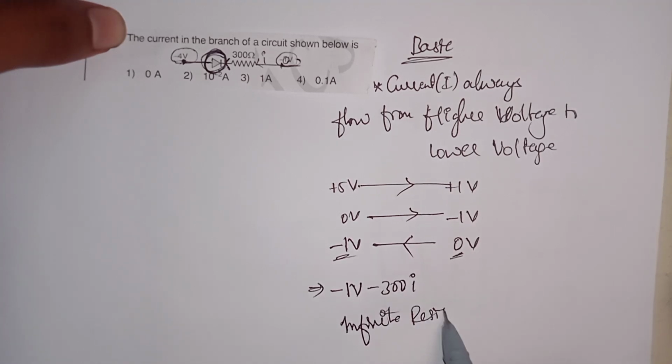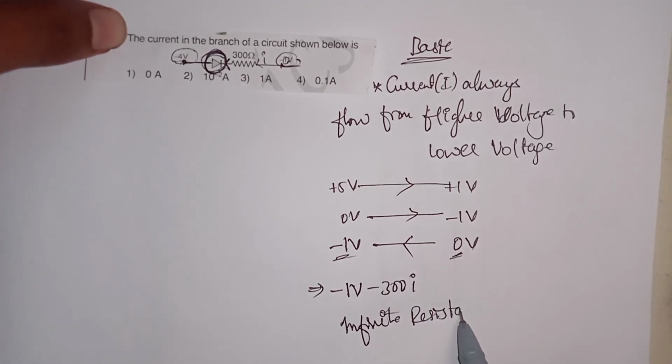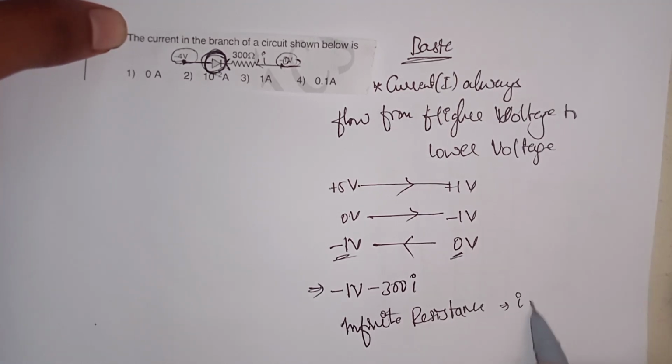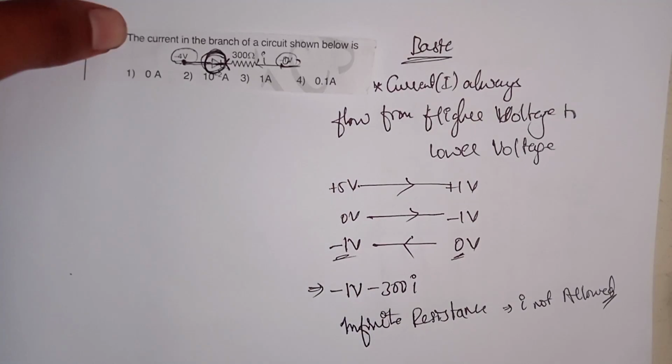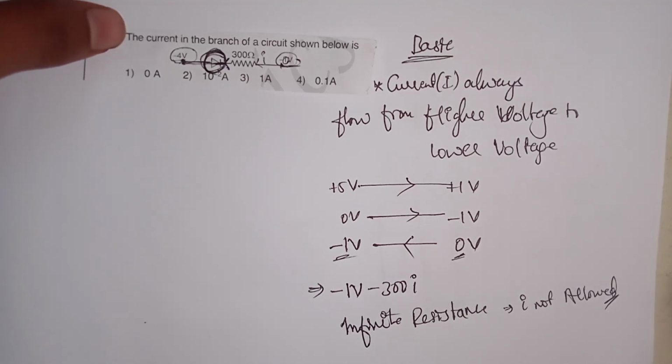Infinite resistance means it will not allow the current to flow through this. So the current will not be going through this circuit. They have told us to find the current value, but according to the law, higher voltage to lower voltage, we find that an infinite-resistance reverse diode is there, so the current will not be flowing through that circuit. Is it okay?